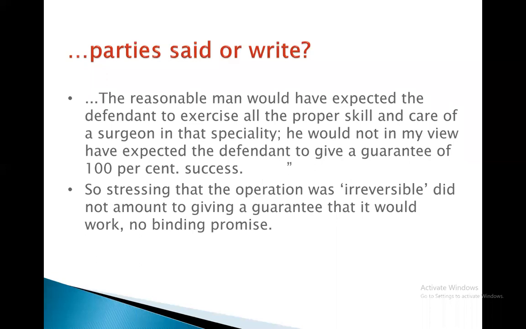Now, Lord Justice Neil said that any reasonable person conversant with the fact that human beings, and for that matter, our bodily constitution are different, would never have understood the parties to have actually accepted irreversible procedure as part of the contract that they made. So let's keep that in mind.